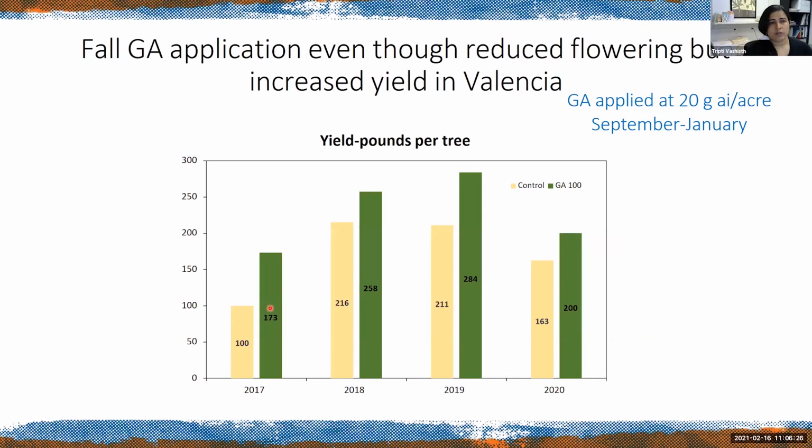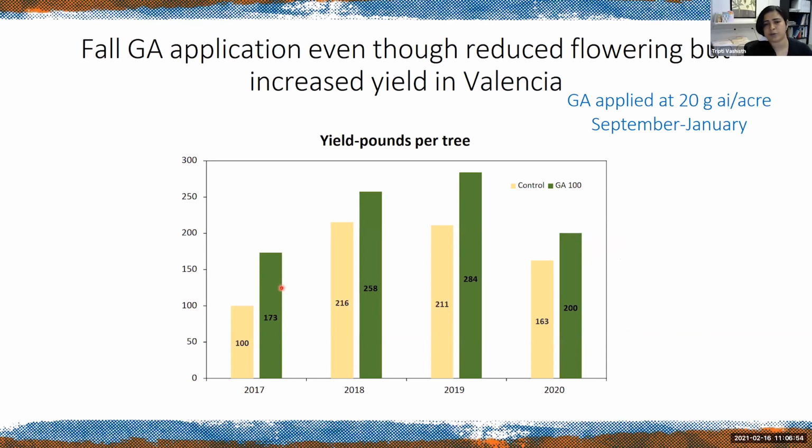When we looked at the yield response, this study was started in 2017. Now it has been going on for 4 years. And overall, every year we do see an increase in the GA treated trees. Cumulatively, we do see an increase. 2017 and 2018, although it seems a little bit increased, there was no statistical difference.